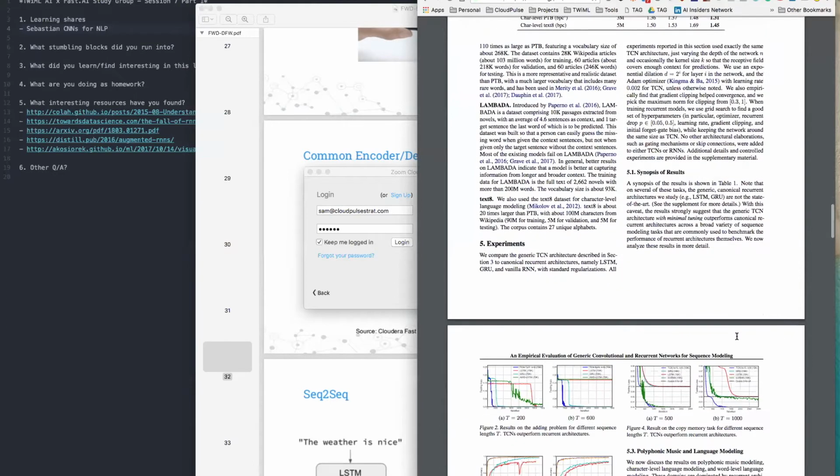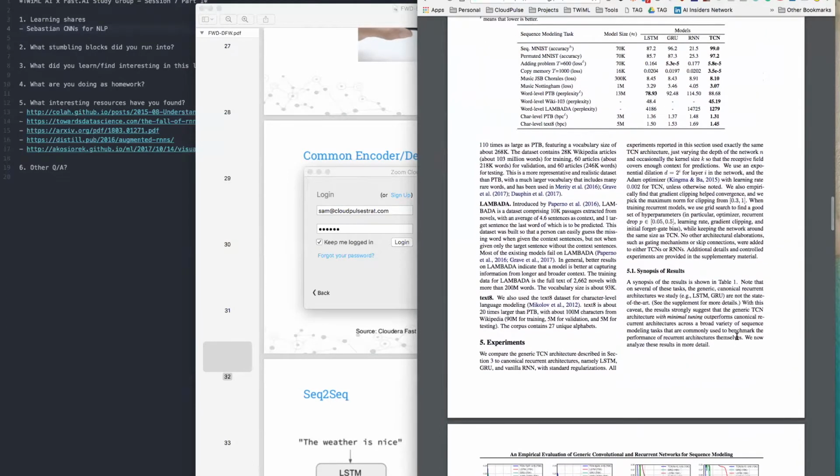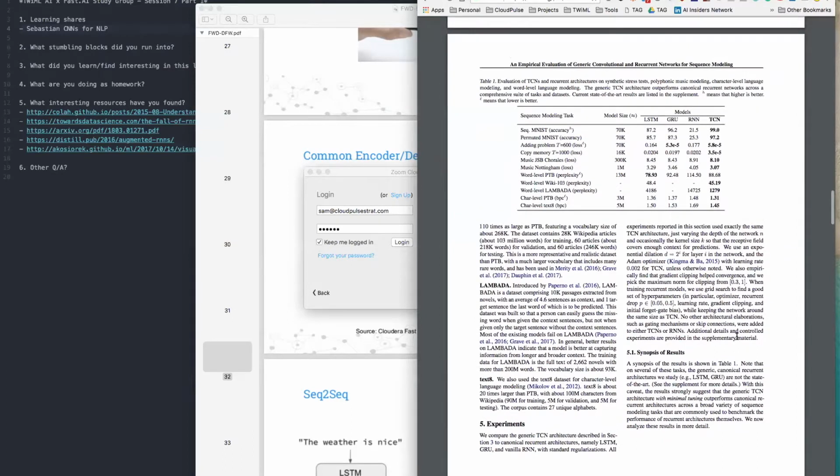Yeah, I think the convolution networks are getting near state of the art, but that's not necessarily why it's better. I think the reason why it's better is performance. In the other paper I showed, it's like 9 or 10 times faster in the forward pass in translating a sentence.